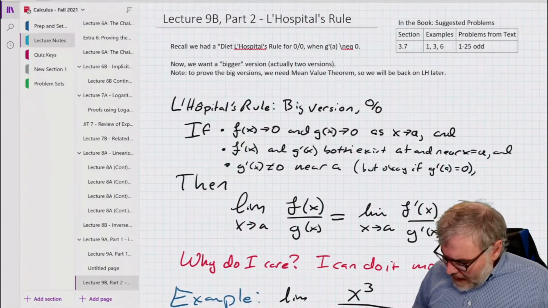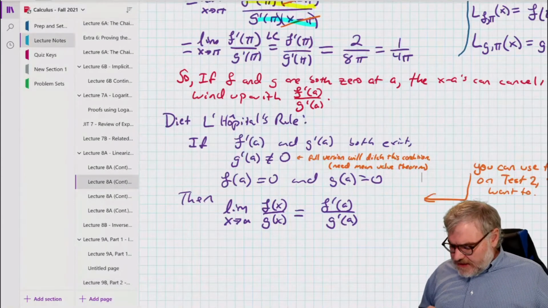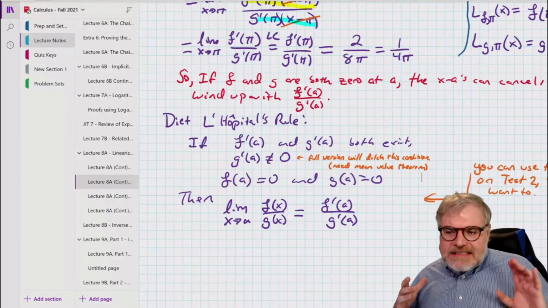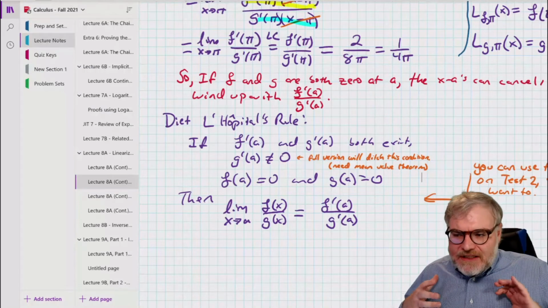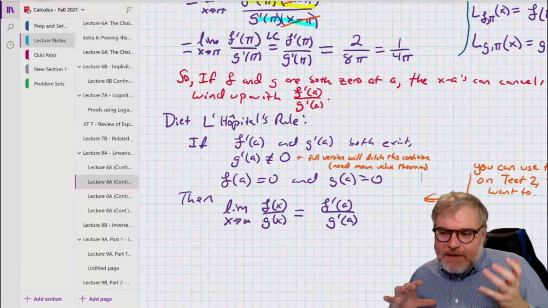Recall that we've actually seen L'Hopital's rule before. If we go back to linearization, lecture 8a, we had this idea of the ratio of the linearizations, and that I could determine the limit of the ratio.